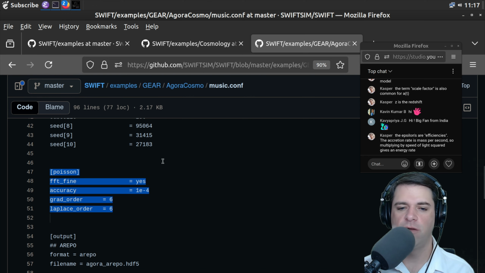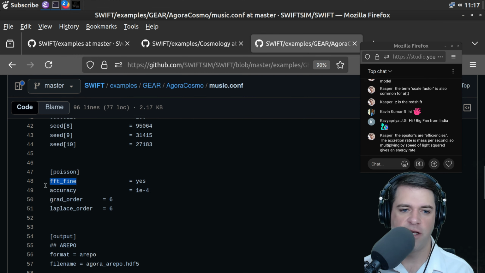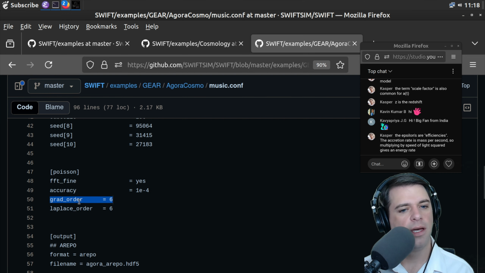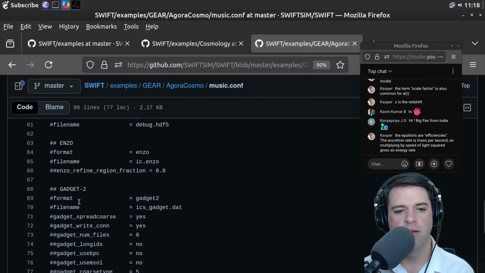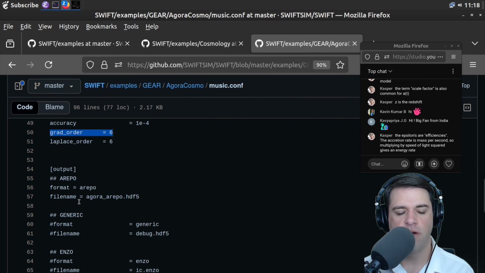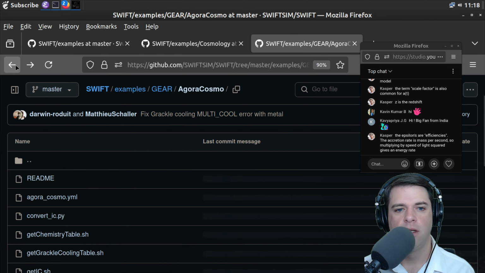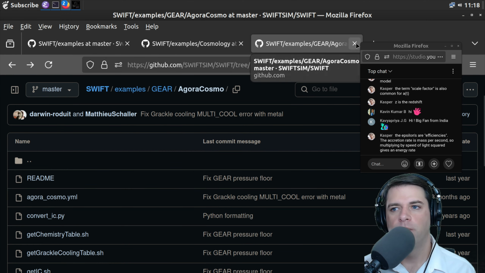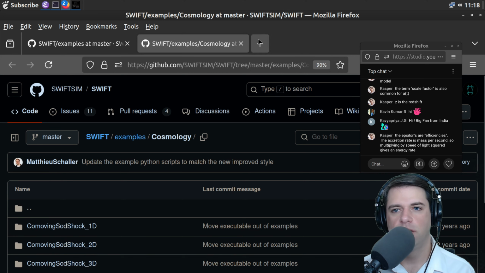I'm guessing this is part of numerical solvers, because we have what I assume is fast Fourier transform fine. Yes, we want fine. We've got an accuracy, a grad order, presumably something about gradient, maybe some sort of gradient descent optimization thing. But that doesn't tell me a lot about the universe.